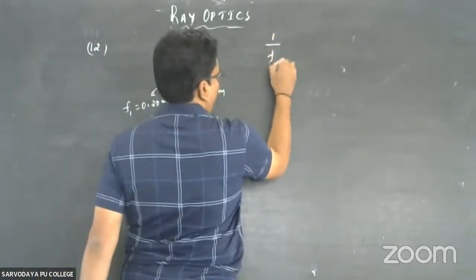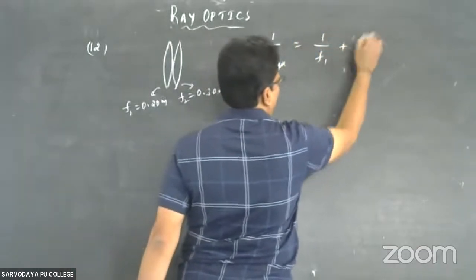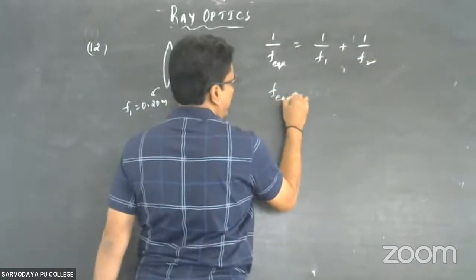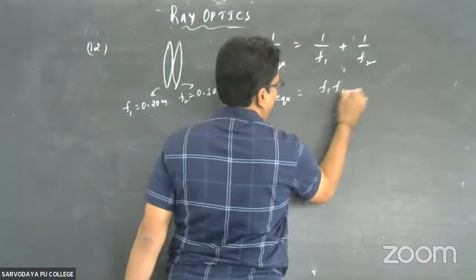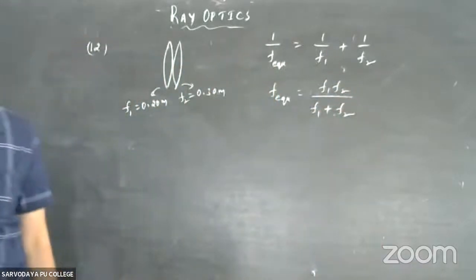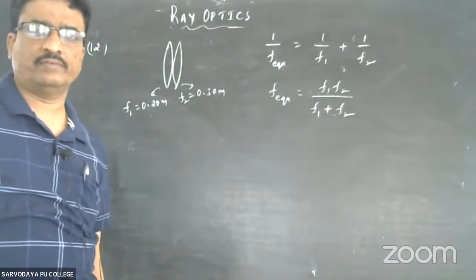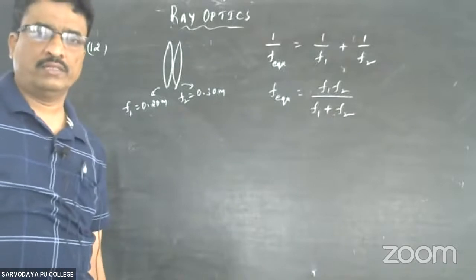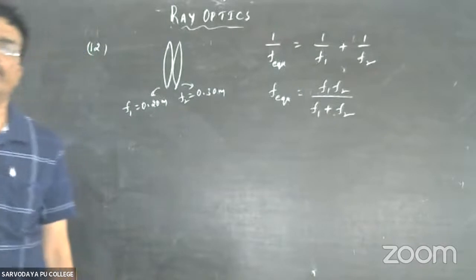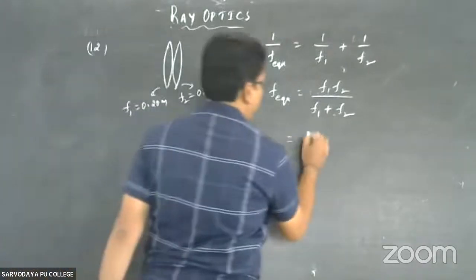That is F equivalent, F equivalent by F1 plus F2. This is another formula. In fact, derivation is also there in theory. It can be asked for 3 marks, and if additional question is asked, it will be for 5 marks. F equivalent equals F1 F2 by F1 plus F2.